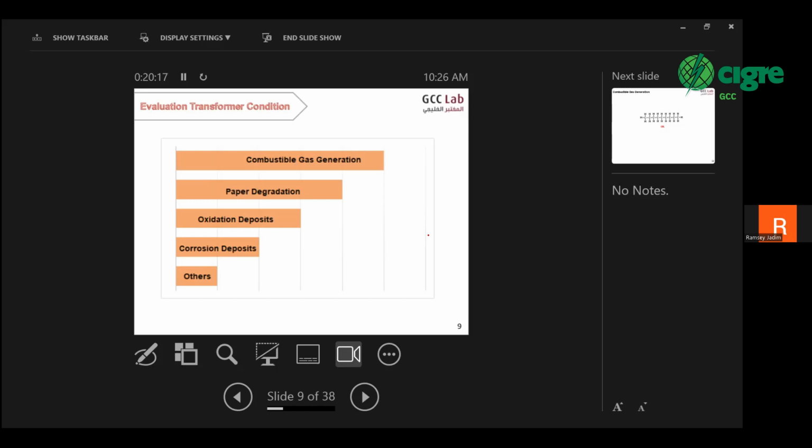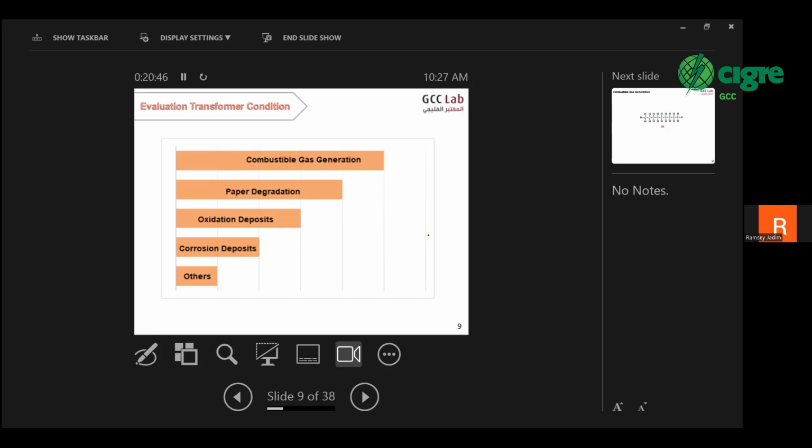And sometimes they use online DGA on-site at the transformer, and they can take the gases every 1 hour for a suspected transformer. We will talk about this in detail, and then I will talk about paper degradation.